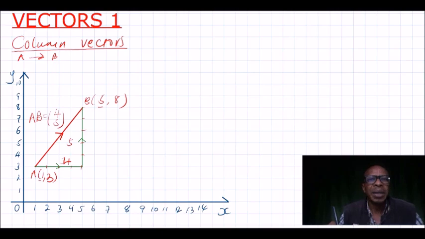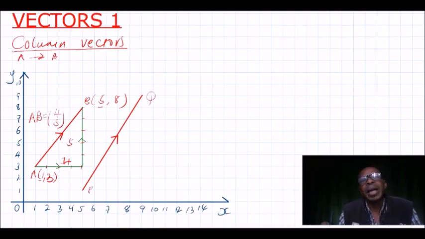We can have another vector here. Let's say we have that other vector like that, and we label it PQ. The coordinates of P are 5, 1. The coordinates of Q are 8 and 9.